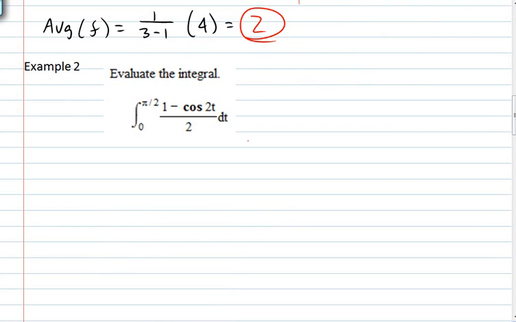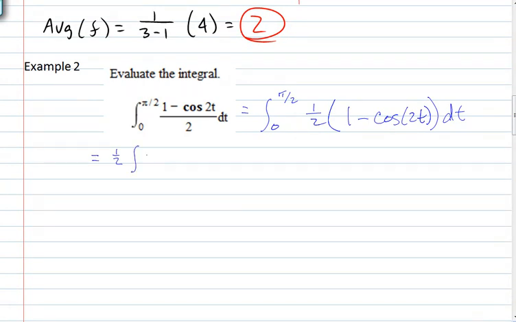We're going to integrate this like it is. Look at this. I'm going to rewrite this integral, because I can factor a 1/2 out, and I'm left with 1 minus cosine 2t dt. Pull that 1/2 out in front.